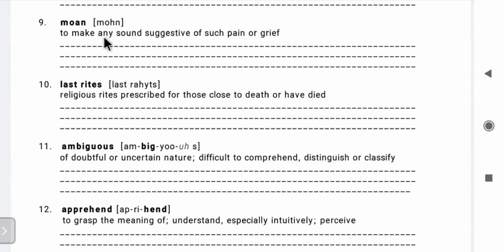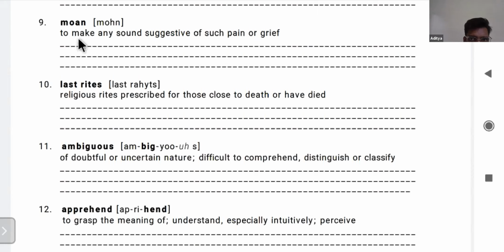Okay, so what does it mean? It does mean to make any sound suggestive of such pain or grief. Any kind of painful sound, any kind of grieving sound, any kind of distressful sound, any kind of hurting sound is called moan or moaning.